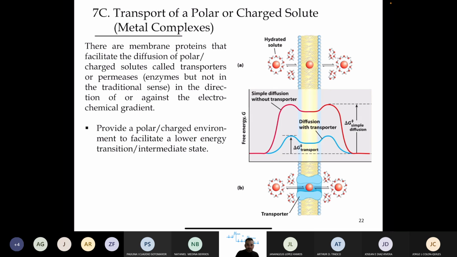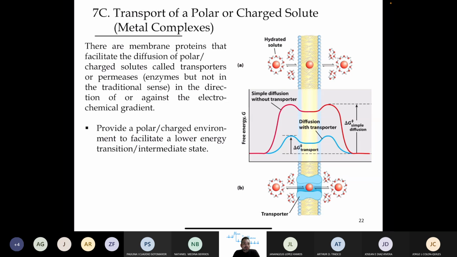When we're talking about the transport of a polar or charged solute, we're moving into the idea of a facilitated process. There are membrane proteins that facilitate the diffusion of polar charged solutes. These are called transporters, or if you want to think of them as a type of enzyme, permeases.